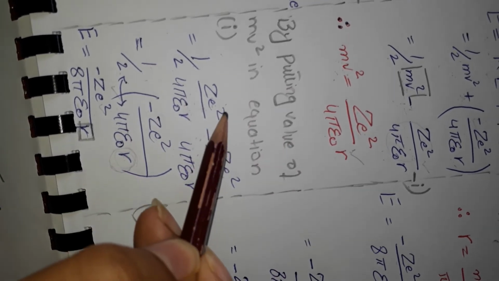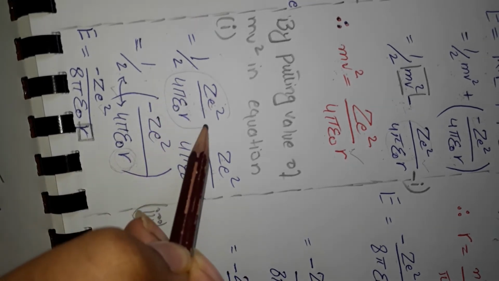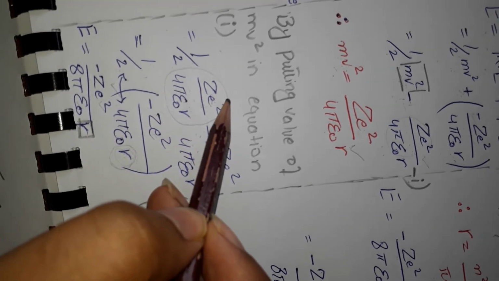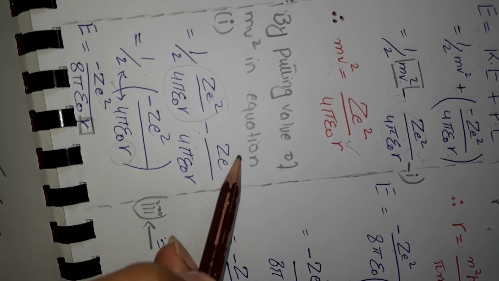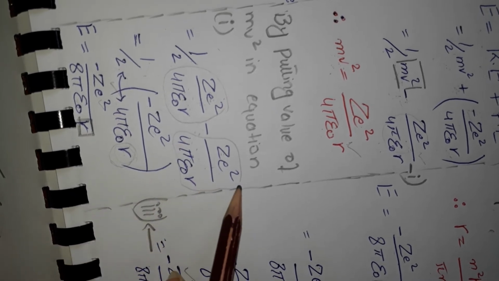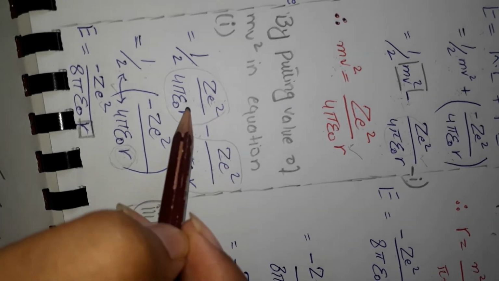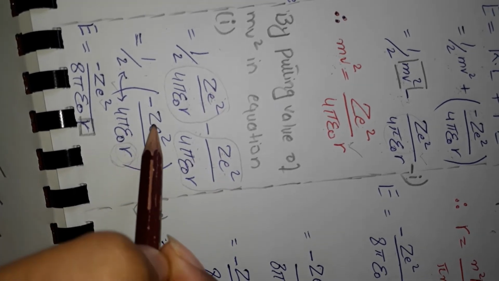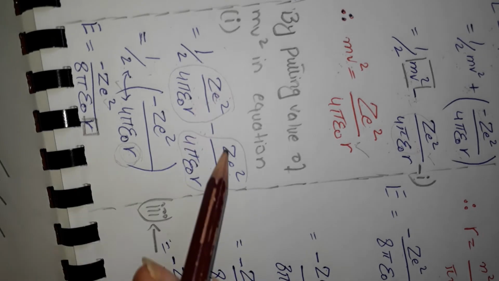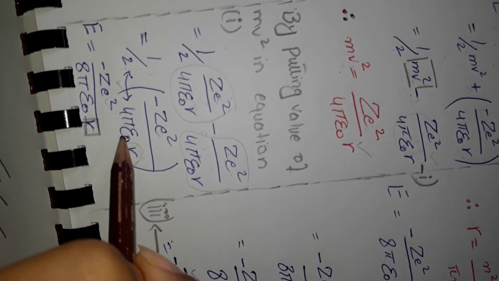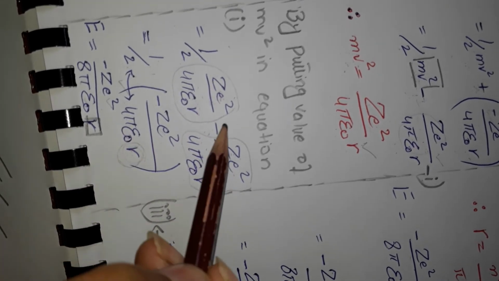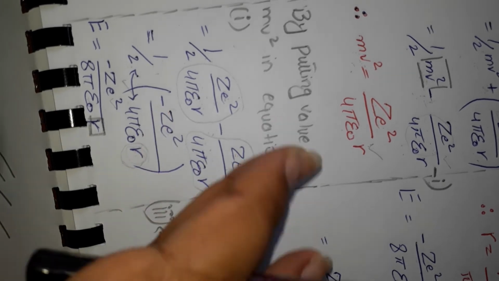So we can see that this whole part on one side of the equation is the same as the other part of the equation, so we can take both parts as common. That's what we have done here. We have taken ZE square divided by 4 pi epsilon naught R as common, and then the negative sign is coming here.